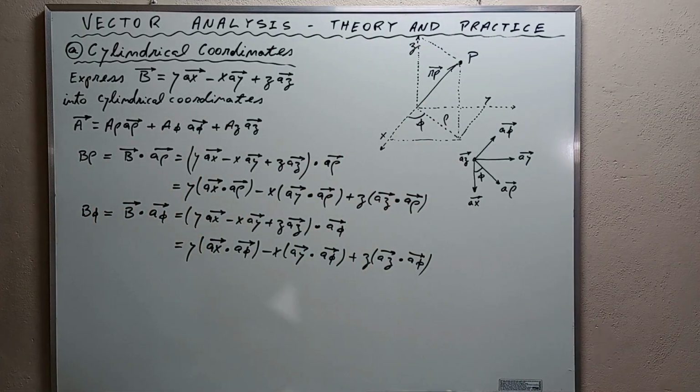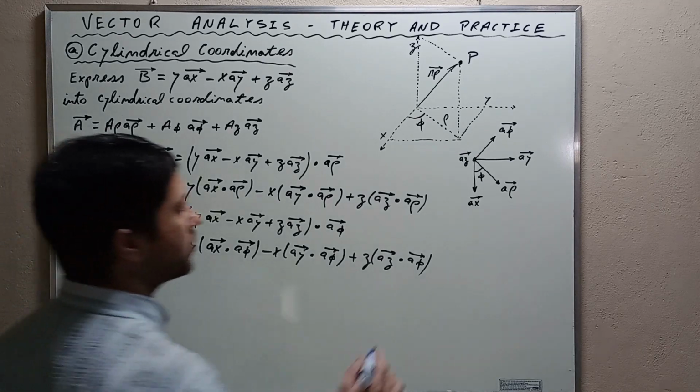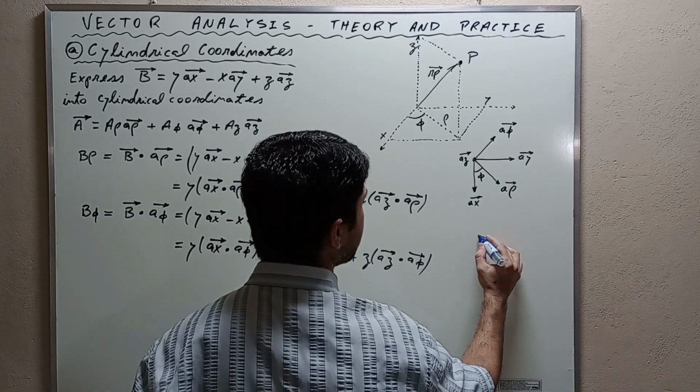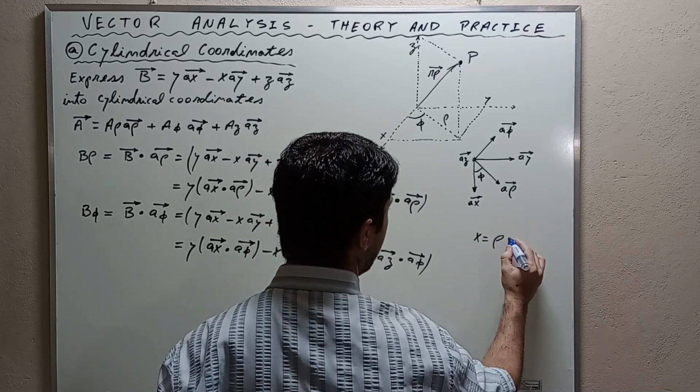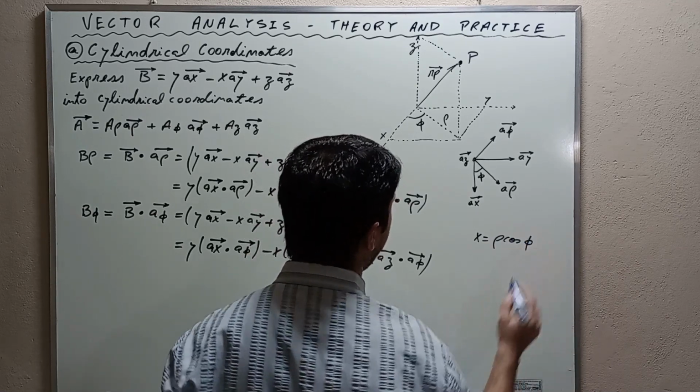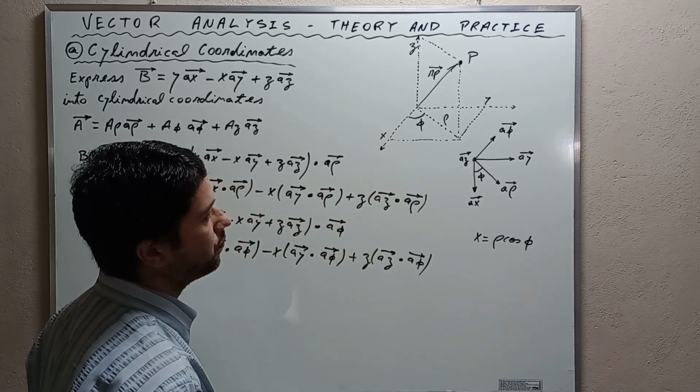Okay, from the graph we can infer that x is equal to rho times the cosine of phi. Okay?